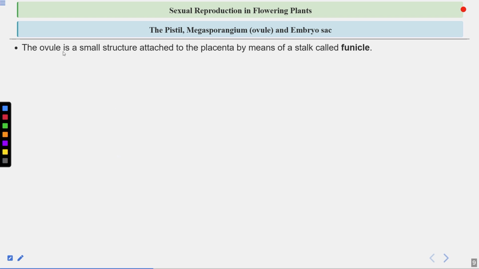So the ovule is a small structure attached to the placenta by means of a stalk called funicle. This I have already told you.